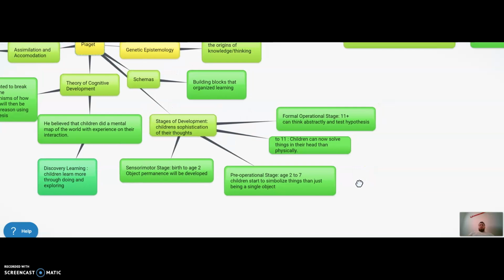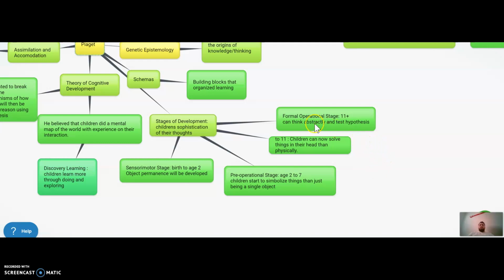Then we go to the concrete operational stage, from 7 to 11, where children can now solve things in their head rather than physically. This means that, let's say in a math problem, the kid now can think about it in their head instead of jotting it down on paper.